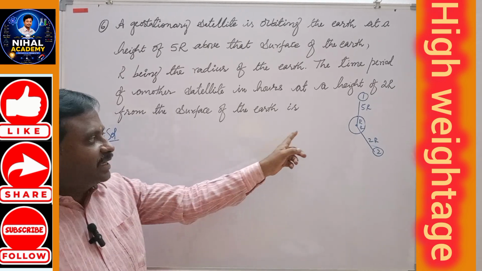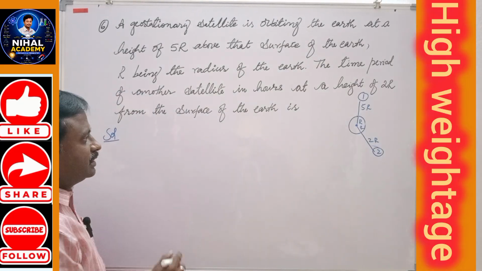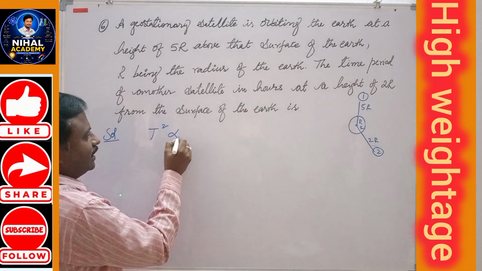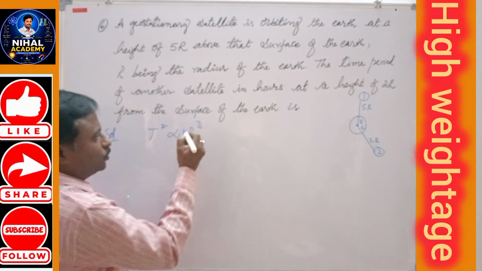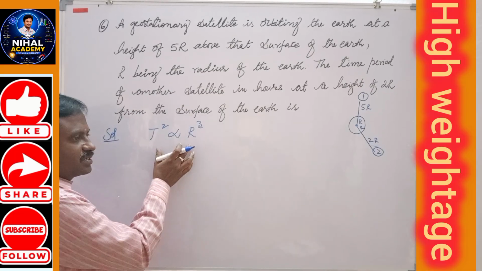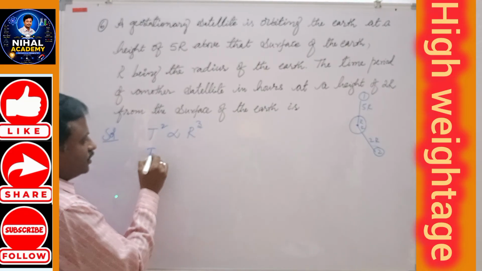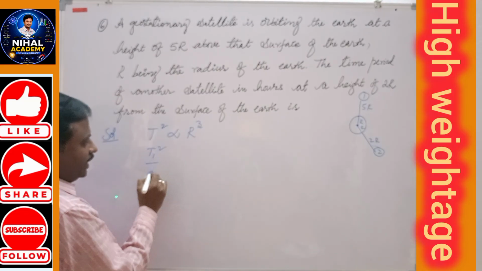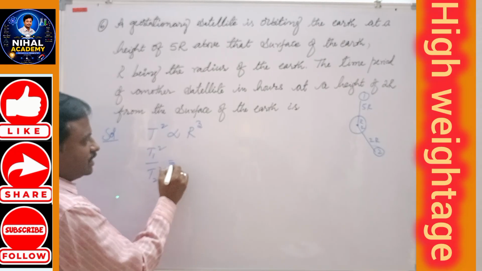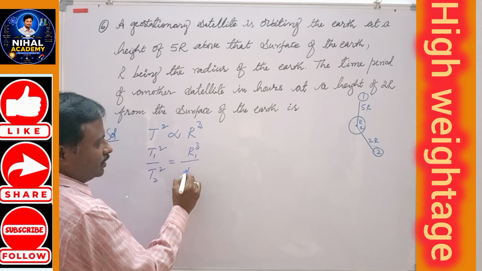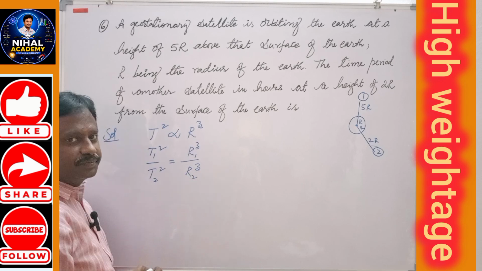The relation between the time period and distance R is T square is directly proportional to R cube. So we know this relation, and we apply it to the two satellites. So T1 square by T2 square is equal to R1 cube by R2 cube.